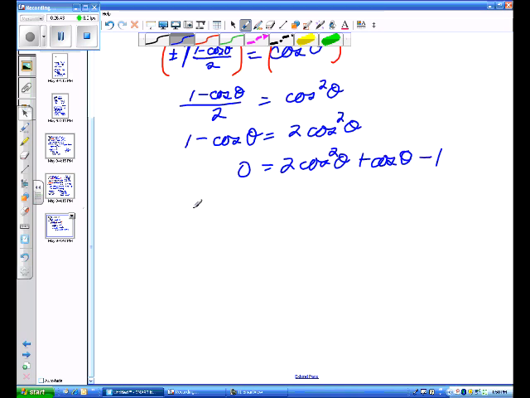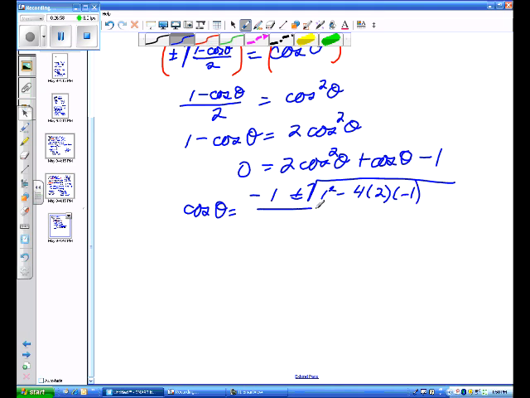So the cosine of theta is equal to the opposite of b plus or minus the square root of b squared minus 4 times a times c, all over 2 times a.